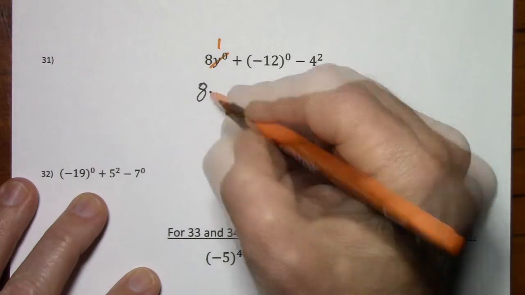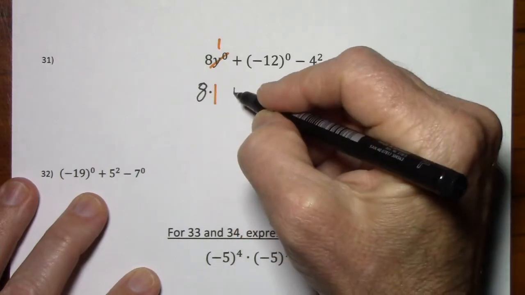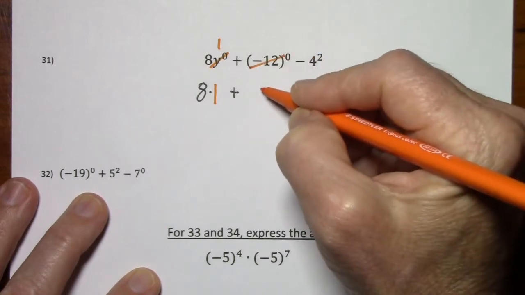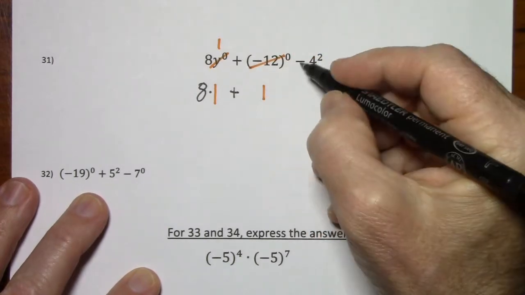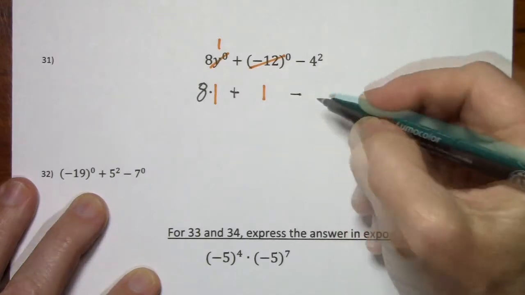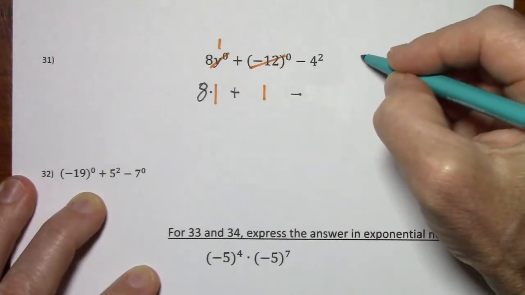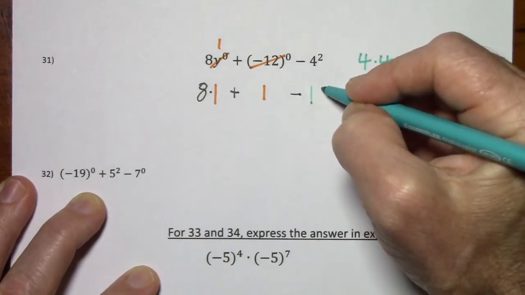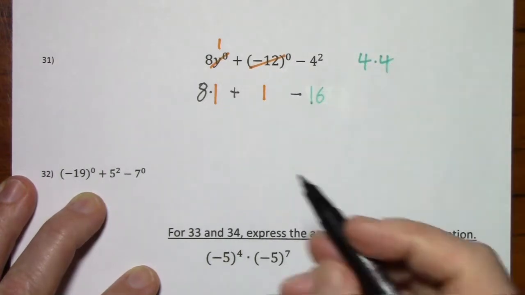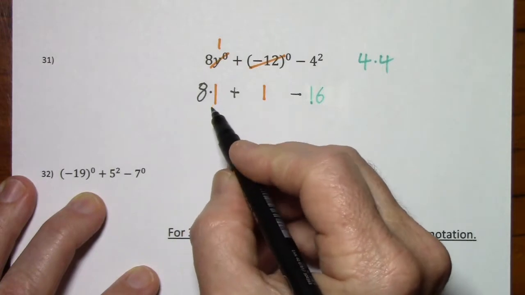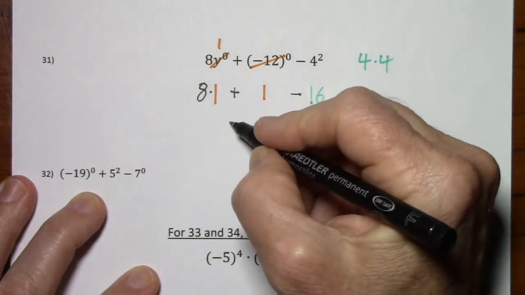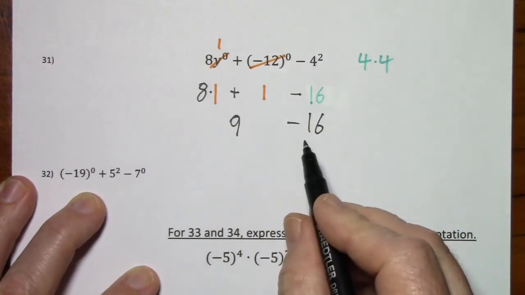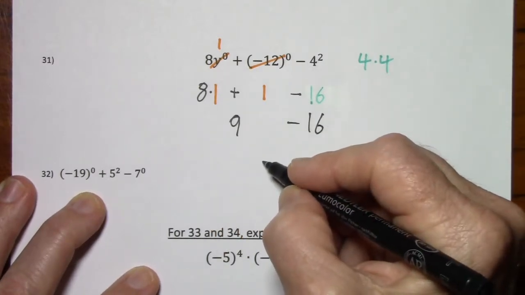So we have 8 times 1 plus 1 minus 4 squared, that's 4 times 4, or 16. So 8 times 1, certainly that's 8, plus 1. Signs are different. Subtract, keep the sign of the larger.